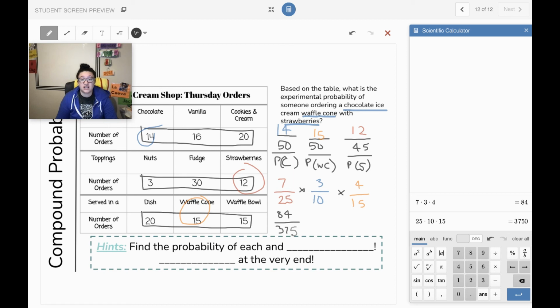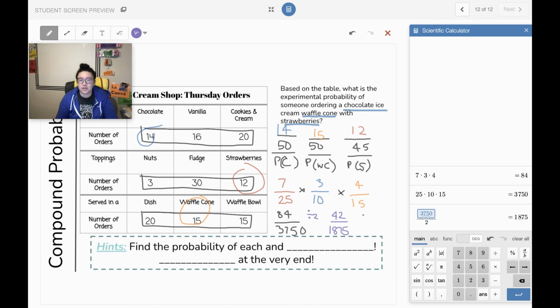Yikes, that's a little bit ugly. I can divide what number into both of these because they're even. I can both divide them by 2. So that's going to give me 42 over 1,875.